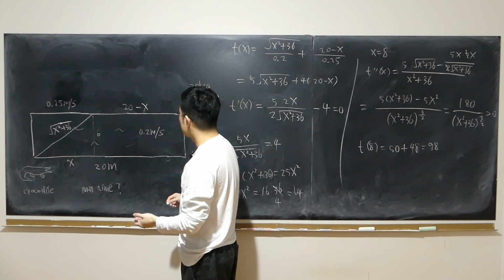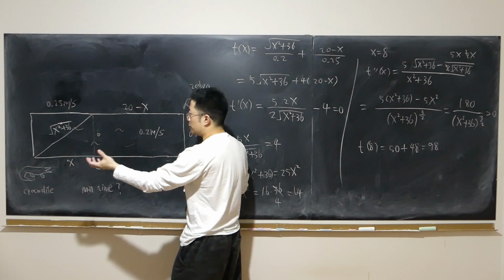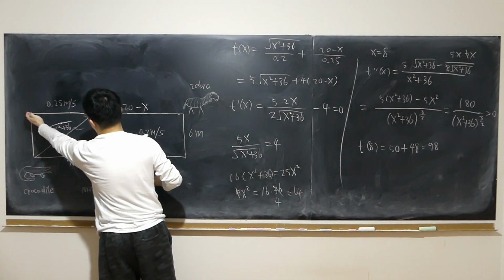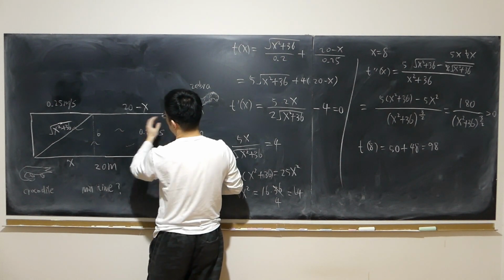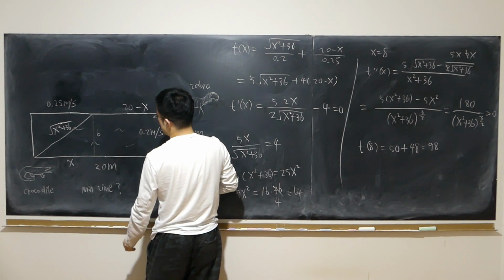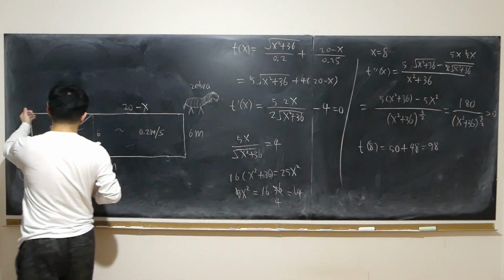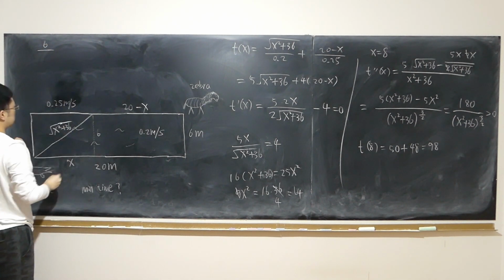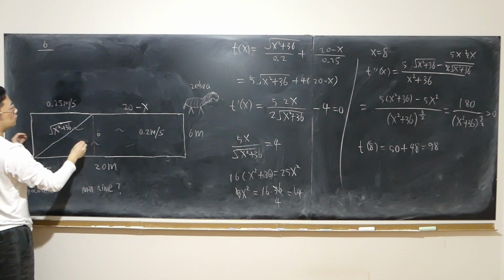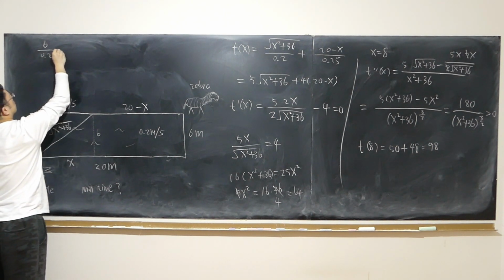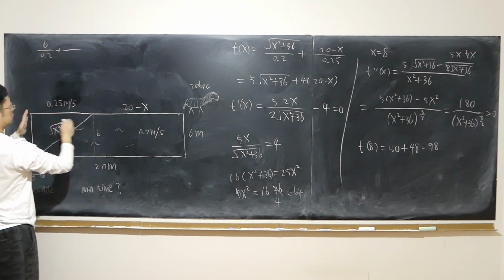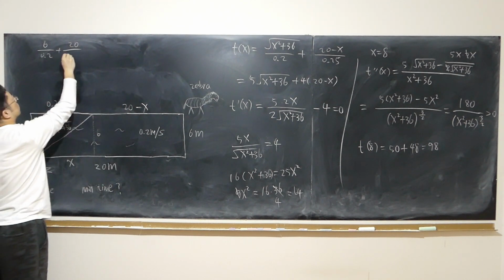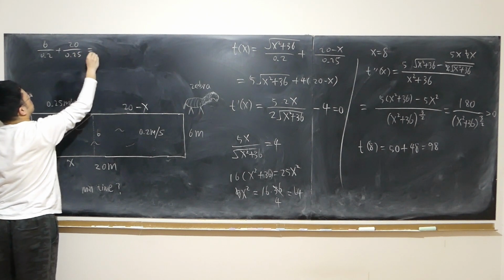Because otherwise, if we can travel all the way to here, then we complete the remaining course, right? What will happen? Then we can say this distance, 6 meters divided by the speed in the river, 0.2, plus the remaining course, the whole 20 meters divided by 0.25.